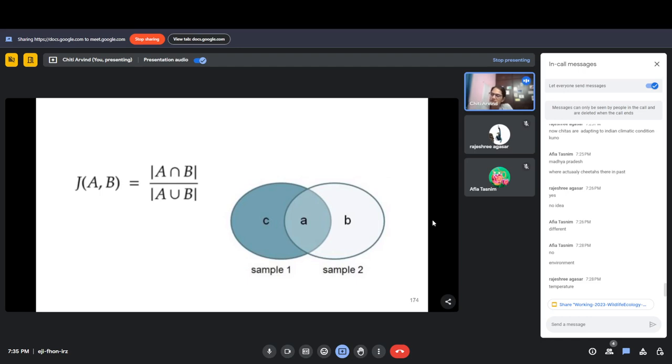Any idea if I were to represent it in terms of A, B, C? You can just look at the Venn diagram and tell me.